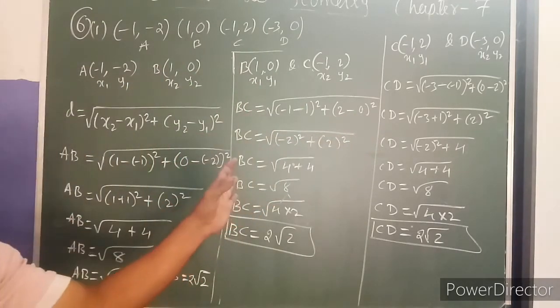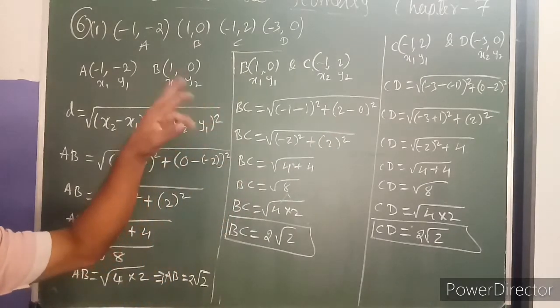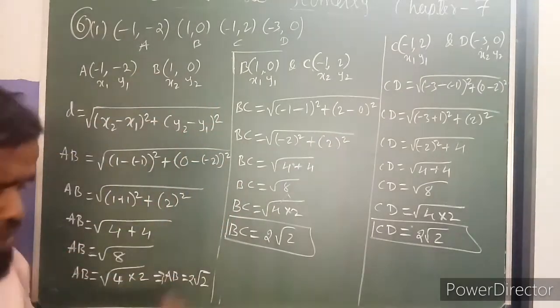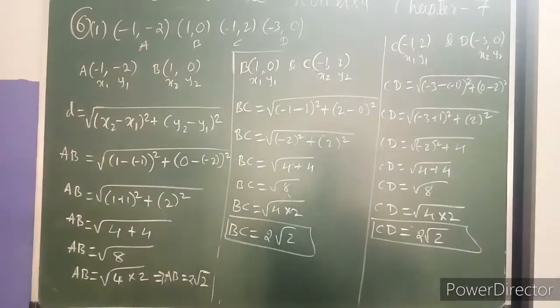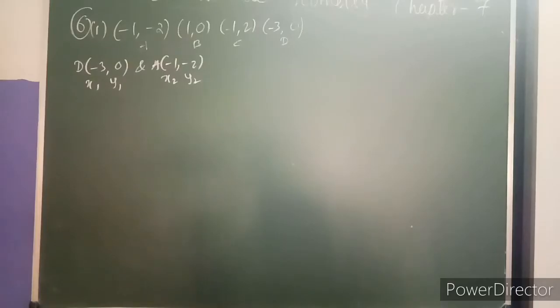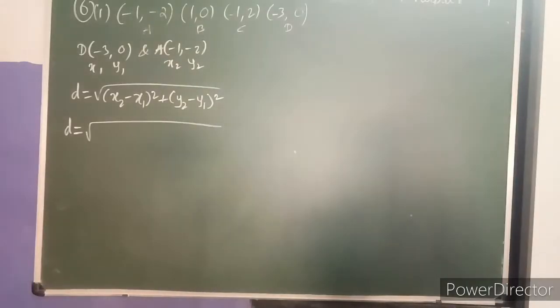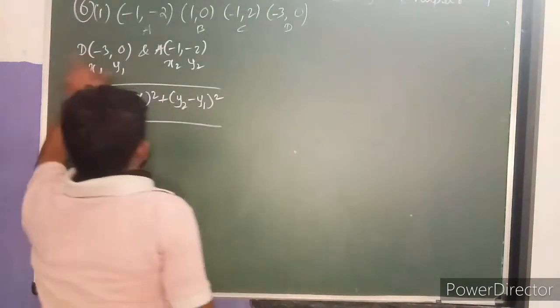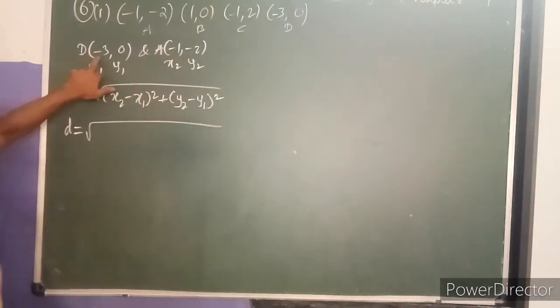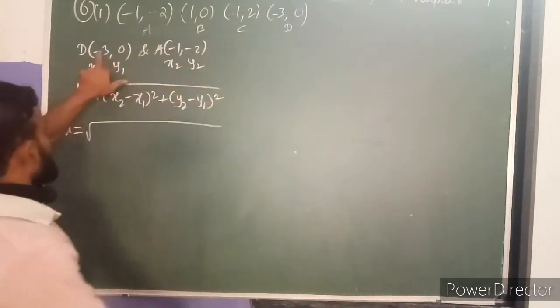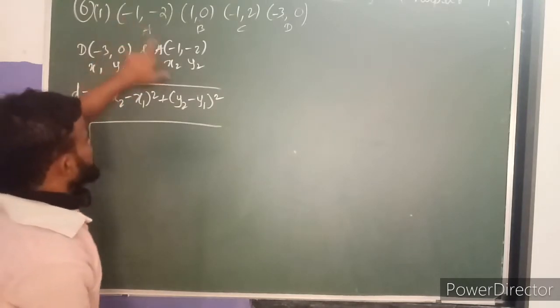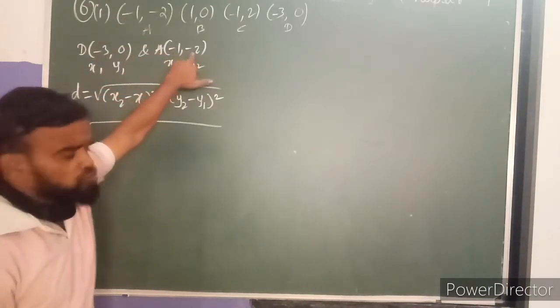DA I will find out, and the two diagonals also, that is AC and BD I will find out. First you copy that. Now the DA part we have to find, that is D and A values. So the D value we take from this is -3, 0 and A is -1, -2.